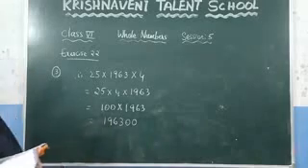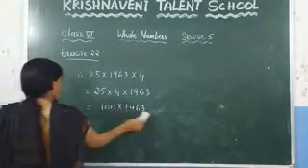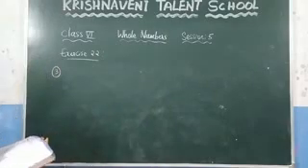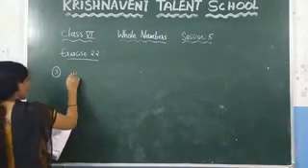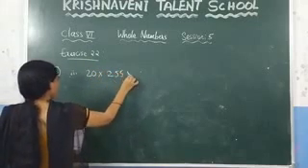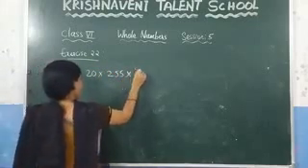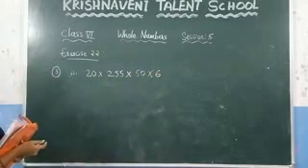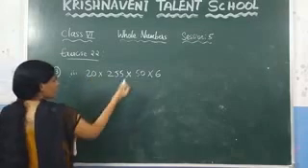Now see the next question. 25 into 50 into 5 into 6. Again, how do you change this order here? You know that 0 into 0 is 0.